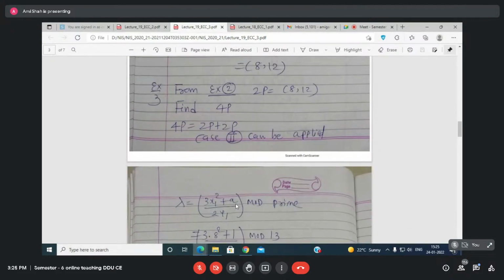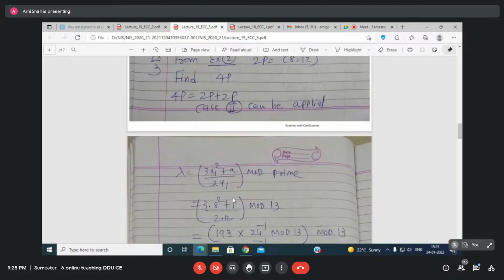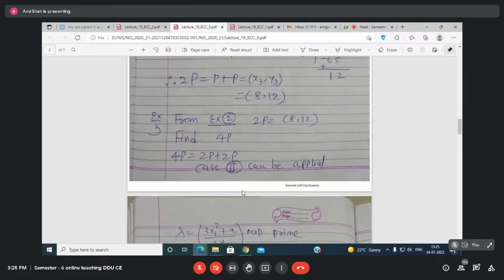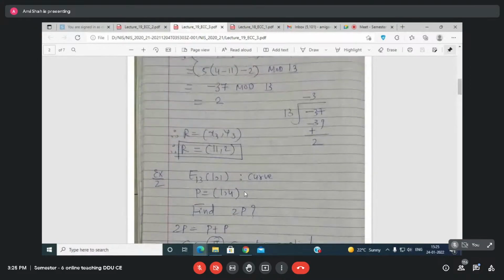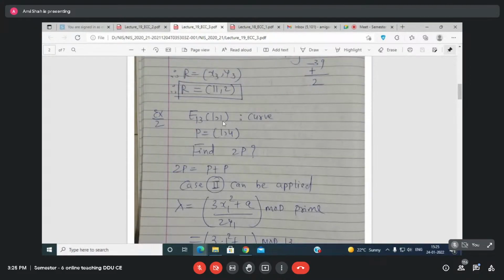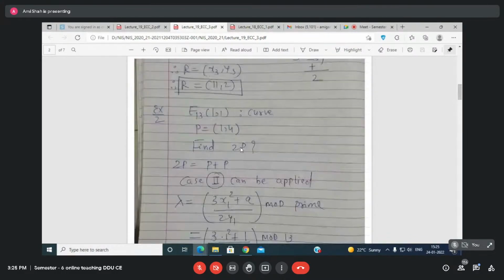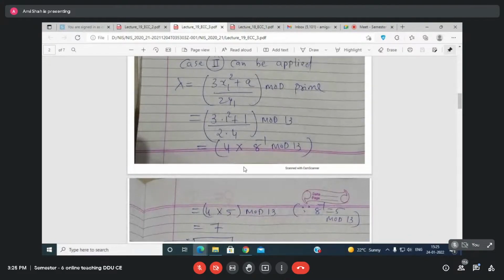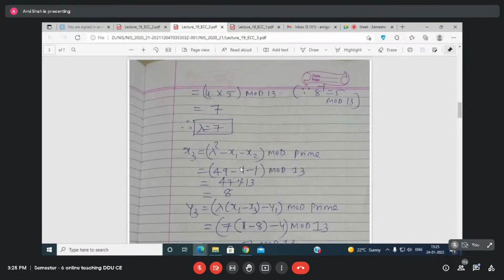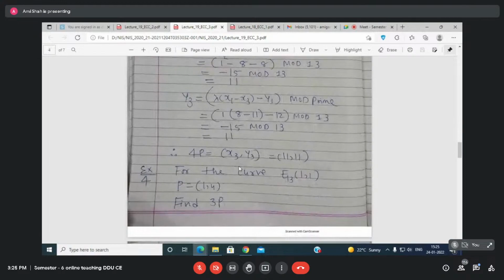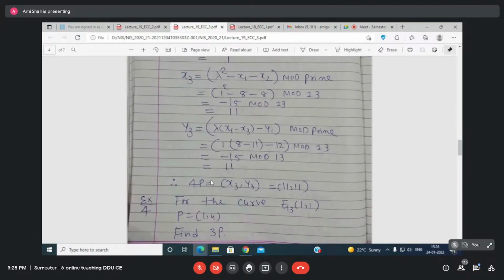The values of a and b are from the curve that is given, so you have to take those. Based on that, you get lambda. Then you calculate x3 and y3, and finally you get the value for 4P, (11, 11).